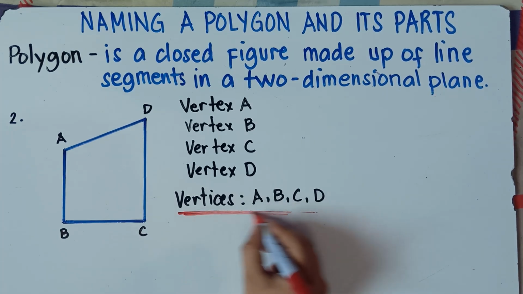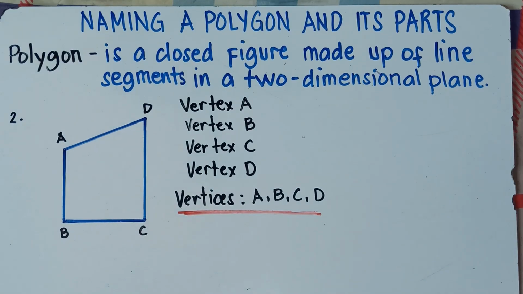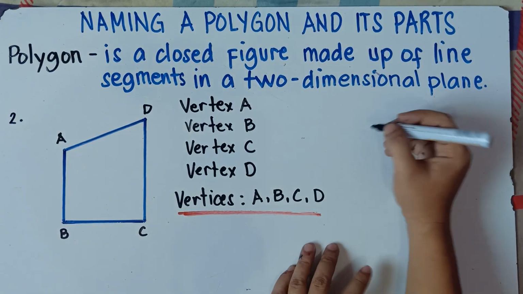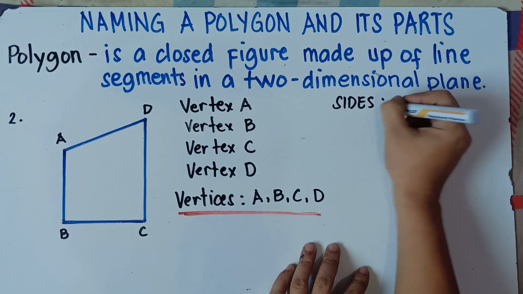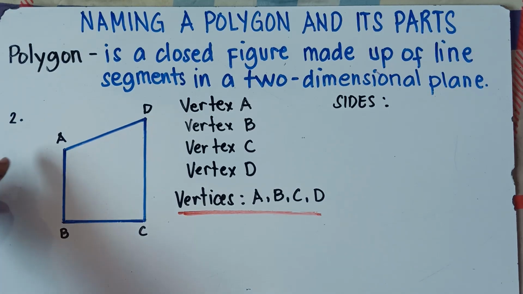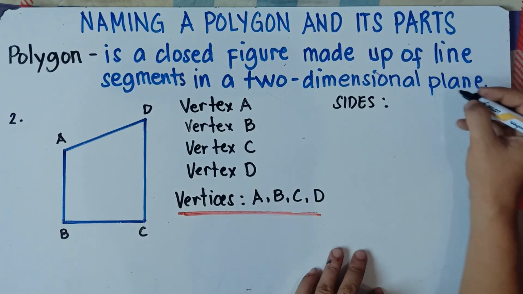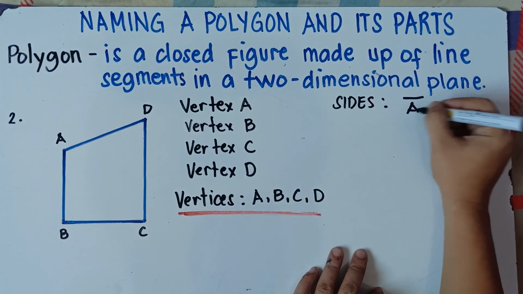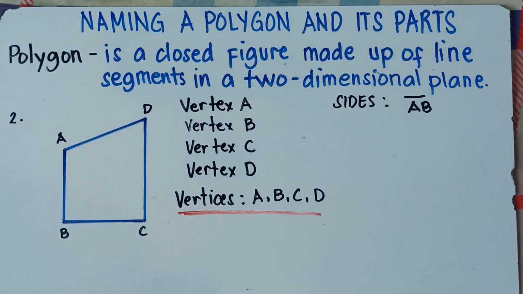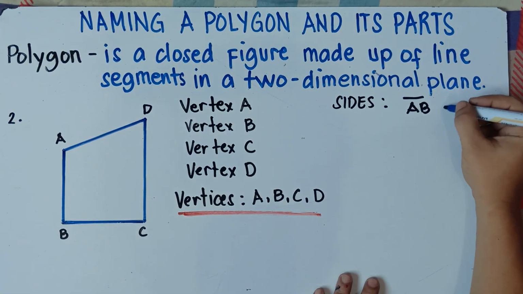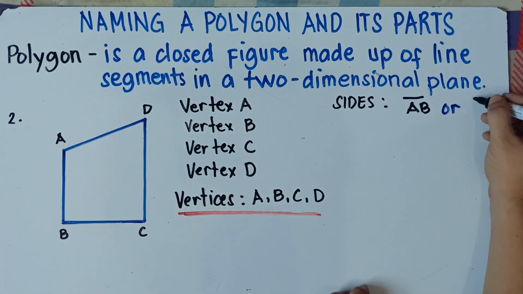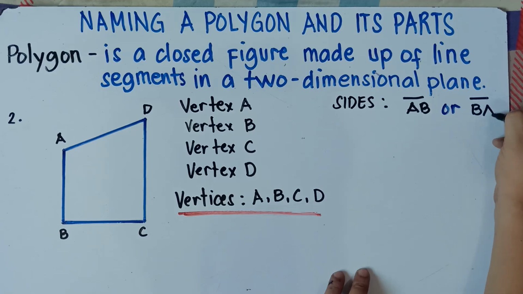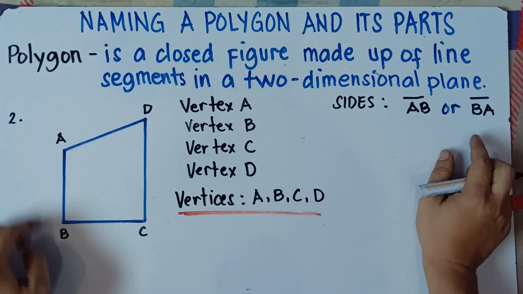Alright, so the next part of a polygon is what we call the sides. So we have side AB, or we can write line segment AB, or line segment BA.